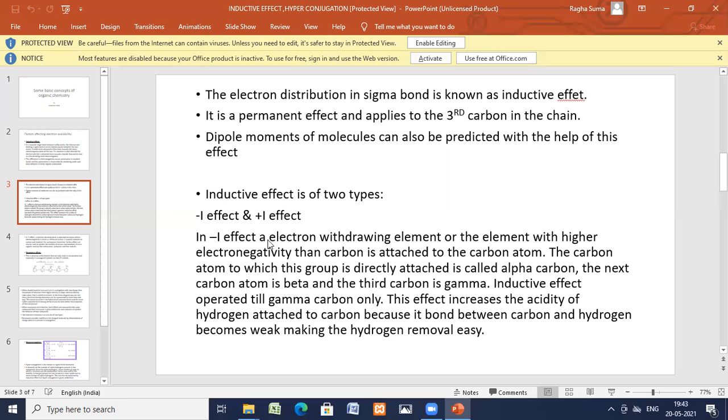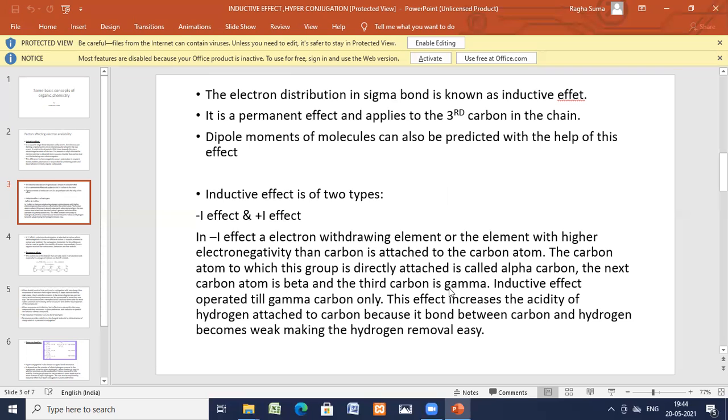Okay. So in minus I effect, an electron withdrawing element, or an element with more electronegativity compared to carbon, is attached in that compound. The carbon atom to which the group is directly attached is alpha carbon, the carbon next to the alpha carbon is the beta carbon, and the next, the third carbon, is gamma.